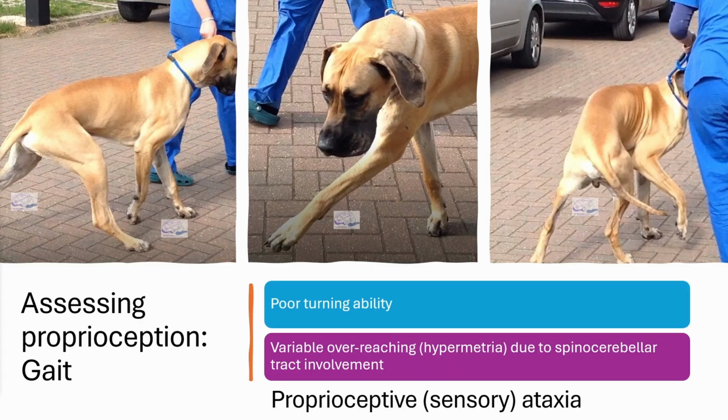Also with a proprioceptive ataxia, we can see this is the dog trying to turn, and we see this wide-based stance instead of crossing the limbs. Again, we can see this example of hypermetria, which we get with spinal cord disease, with increased joint extension, and the failure to cross his legs when he's turning.